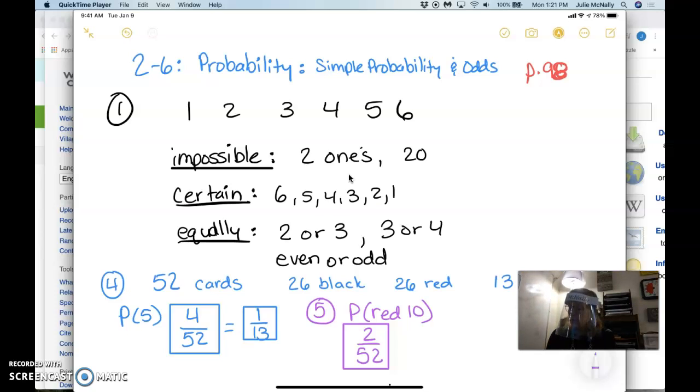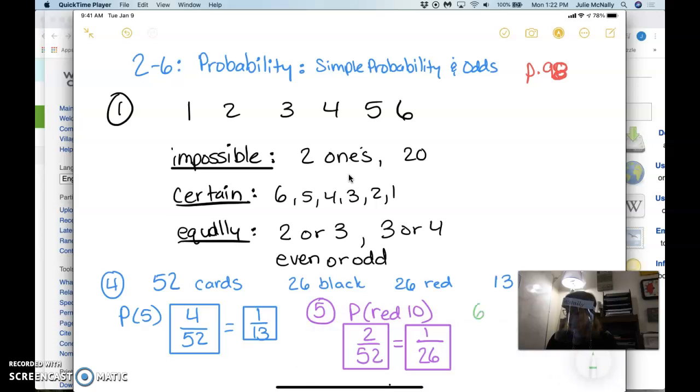And what is 2 out of 52 reduced to? I'll just tell you for time's sake. It reduces to 1 over 26. So that means for every 26 cards that you pull without looking, at least one of them should be a red 10.